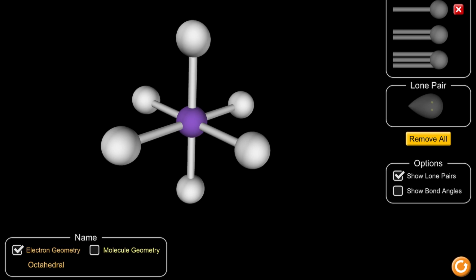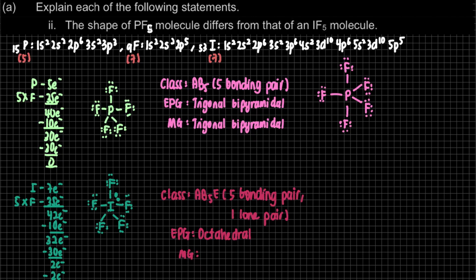As we can see, the electron geometry is octahedral. How about the molecular geometry? In the previous one, we saw the electron pair geometry is the same as the molecular geometry, because the center has no lone pair. But in this case, our center has a lone pair. So these two will be different lah. Okay, so how do I know the shape?